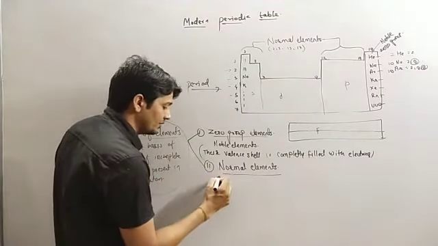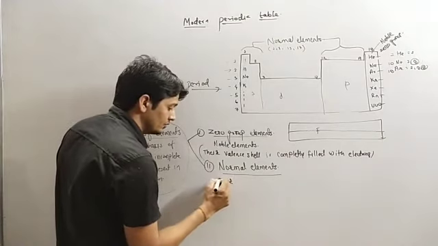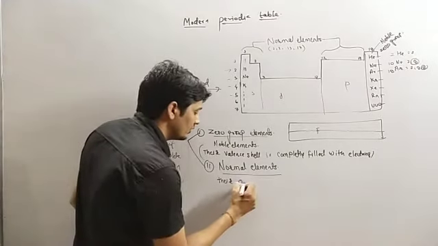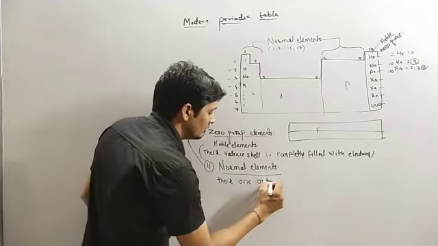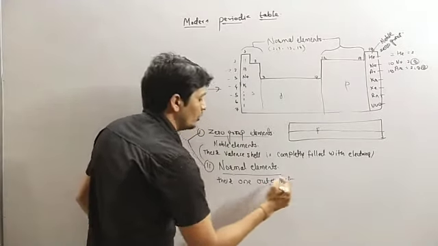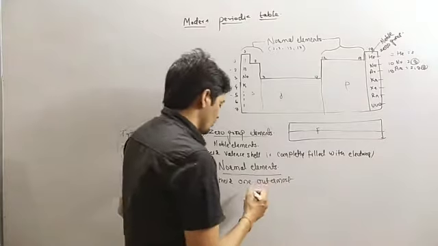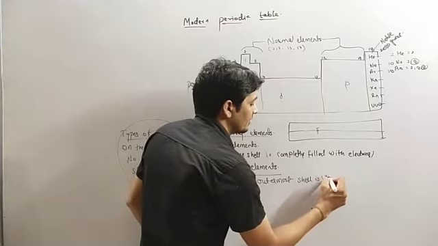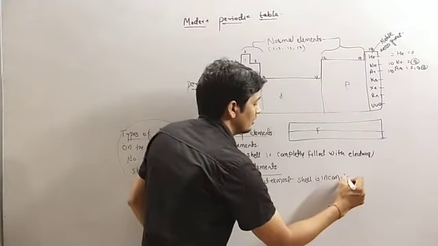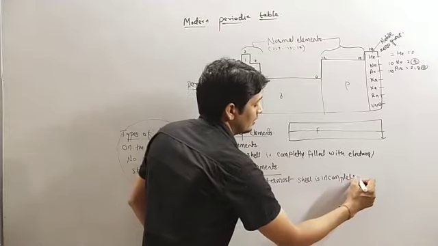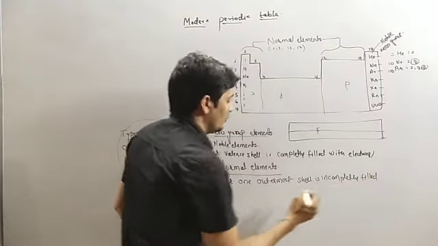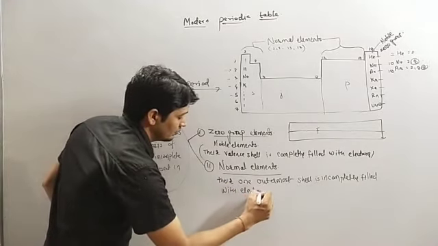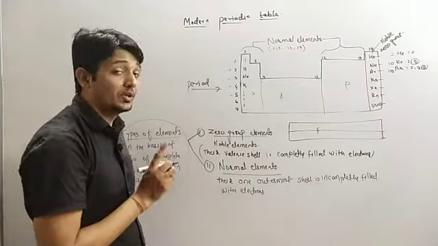So here we have to write: their one outermost shell, or you can write valence shell also, is incompletely filled with electrons, are called normal elements.